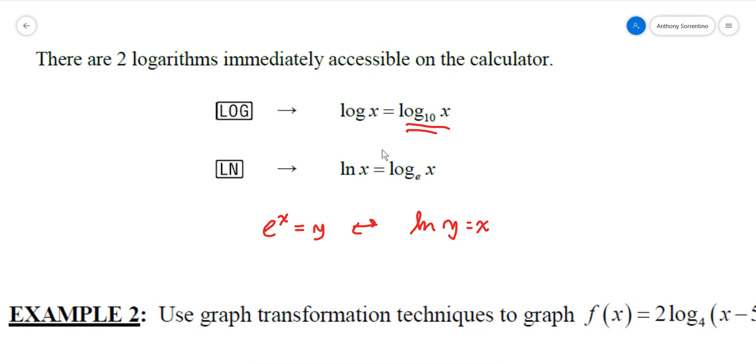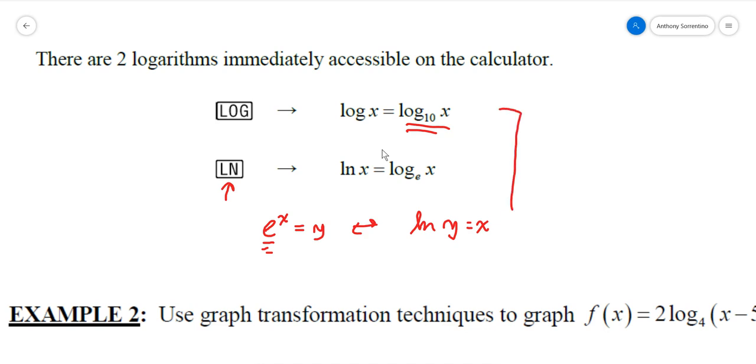And ln is for natural log, but the mathematician who was credited with discovering what e is, which we talked about before, is an exponential base that represents the usual growth or decay of biological systems. He was French, and so he came up with a logarithm for it. It was logarithm naturel or something to that effect. So be aware, but these are the ones that show up on the calculator.